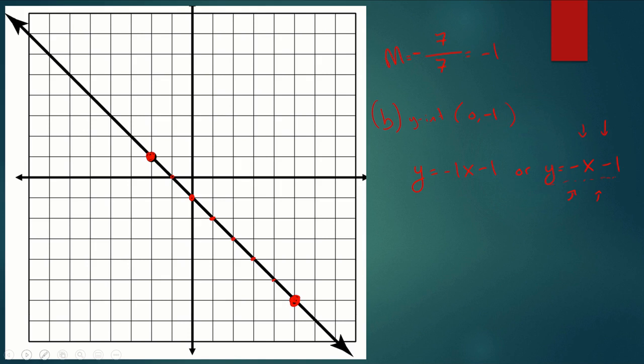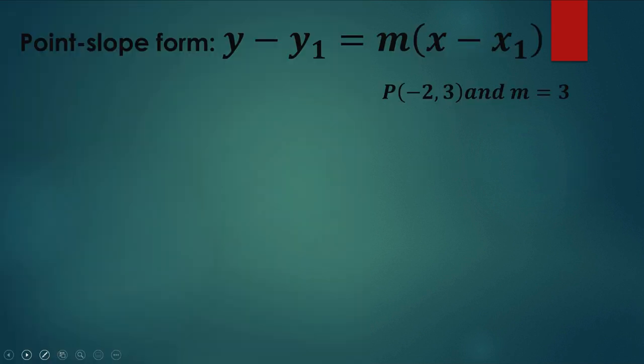So now let's talk about what would happen with point-slope form equations. Point-slope form equations are in the form of y minus y1 is equal to m parentheses x minus x1. Once again, this m is going to represent the slope. A lot of people get confused with this.